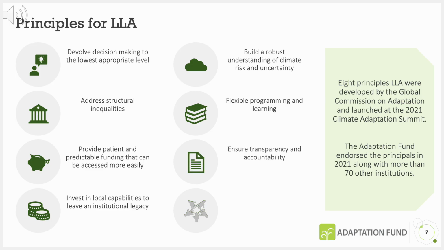Ensuring transparency and accountability through processes that are transparent and accountable to local stakeholders. Delivering collaborative action and investment across sectors, initiatives, and levels to ensure that different initiatives and different sources of funding support each other. All Adaptation Fund LLA projects and programs strive to operationalize these principles in a holistic manner.